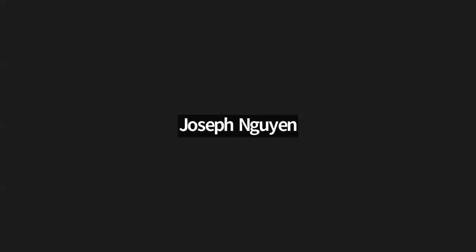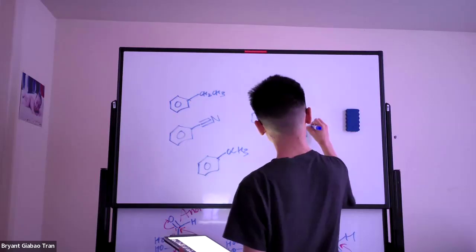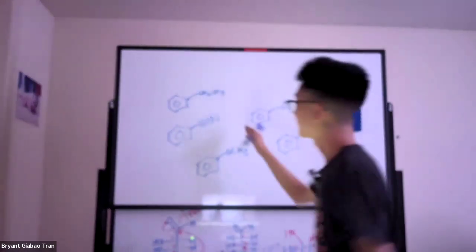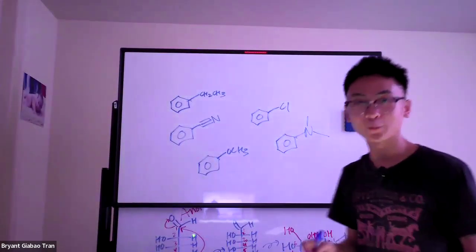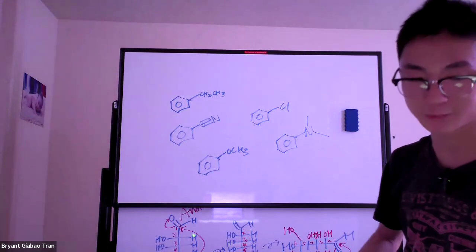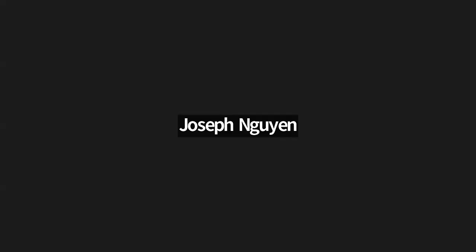Yeah, right. And how can you tell if something is an electron withdrawing group or an electron donating group looking at the group on the benzene ring? What is the first thing you look at to determine if it's an EDG or EWG? The first atom connected to the ring.